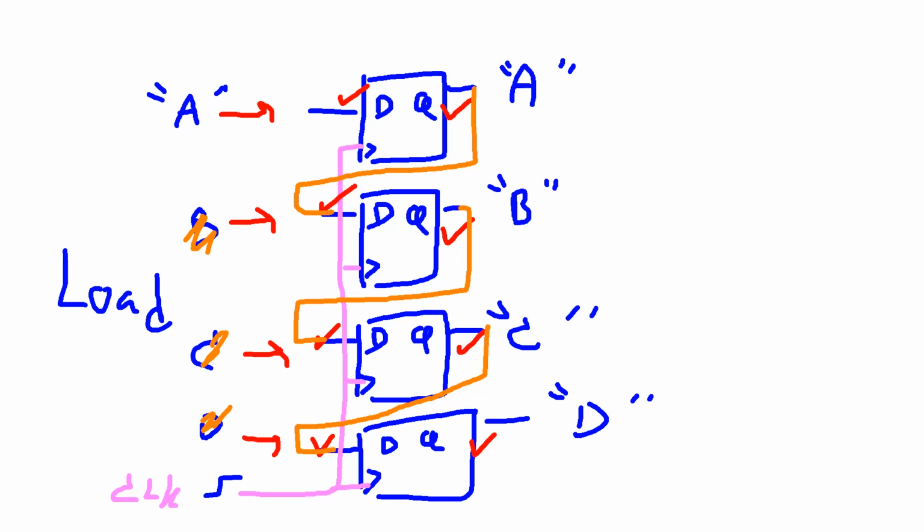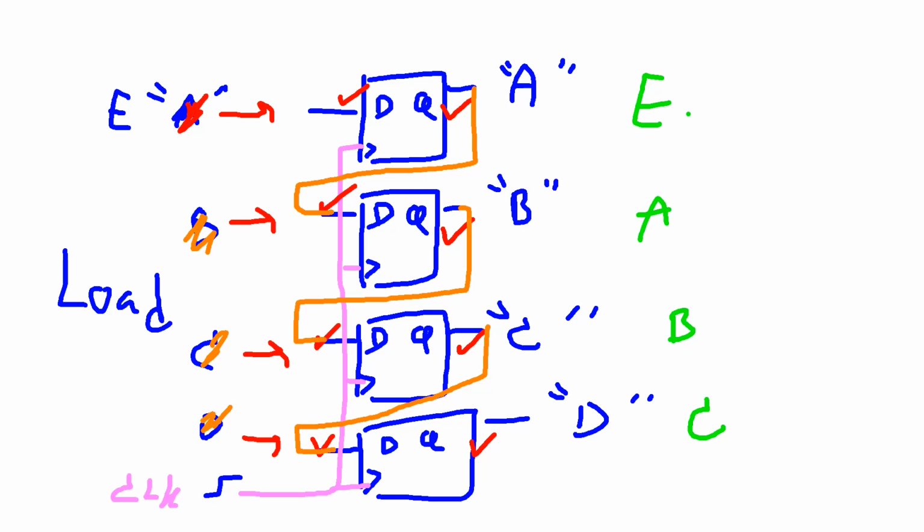Now if at the next clock tick the data here is E, what happens? This flip-flop sees data C, this one sees B, this one has input A, and this one reads the data from E. So when the clock ticks, the new values become C here, B here, A here, and E here, right?